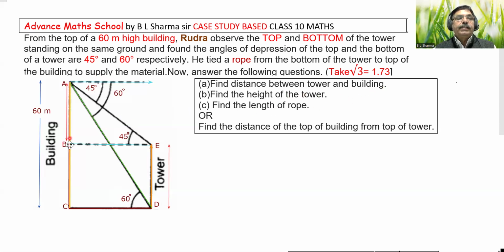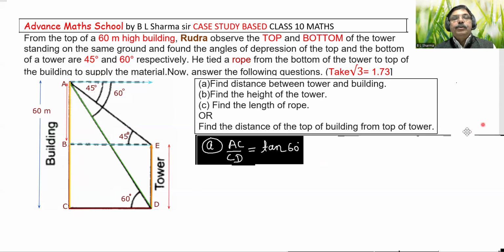So we have to take the right triangle ACD, in which, for the acute angle 60 degrees, AC is the perpendicular and CD is the base. So AC upon CD is equal to tan 60.